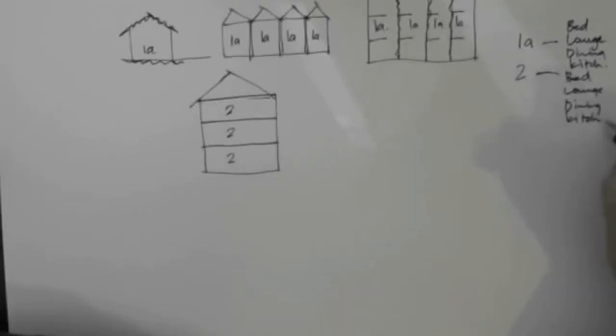It has the bedroom, the lounge, dining, kitchen, and of course it has a laundry, as in the 1A as well. So basically in a house or in a dwelling, all your facilities are inside it, so you don't have to necessarily go anywhere outside. So that's a Class 2.